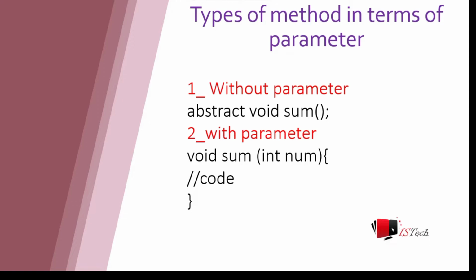Let's jump to the other slide, I mean method in terms of parameter. We have two types: with parameter and without parameter. A method that has a list of parameters is called a method with parameter, and a method that doesn't have a parameter is called a without parameter method.